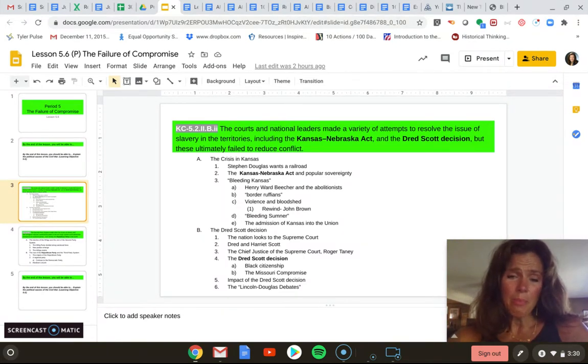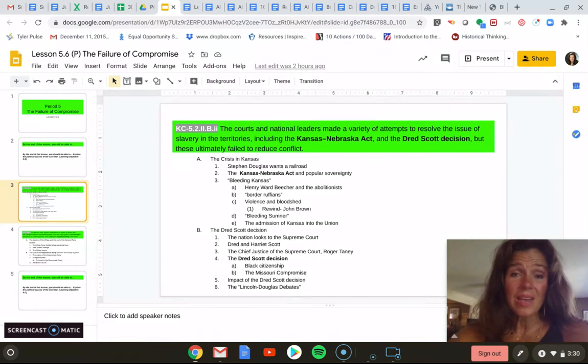The law is passed with Democratic support and the Southern Whigs, who are called Cotton Whigs. This becomes the very first territory to be open to the idea of popular sovereignty. Kansas is that very first one. But as you can see, it is a recipe for disaster.